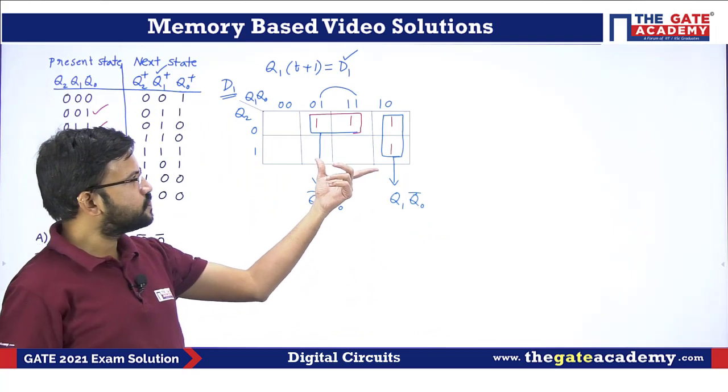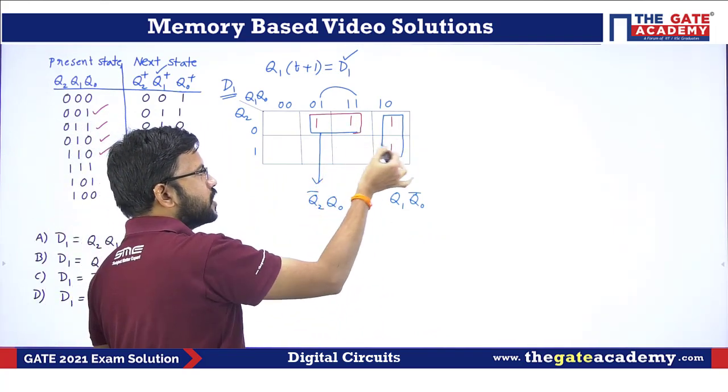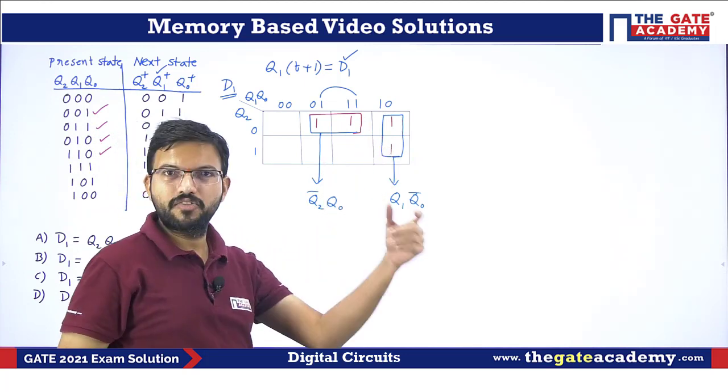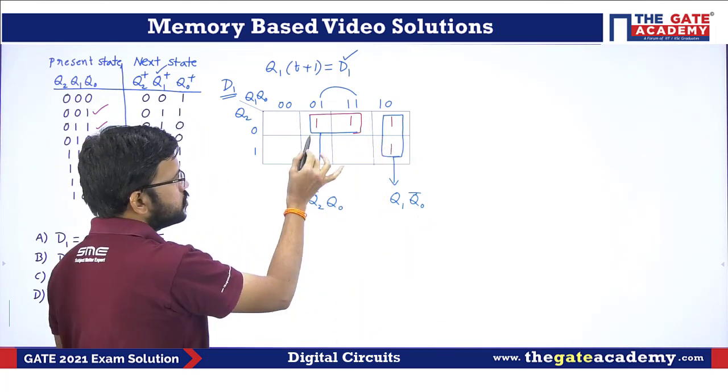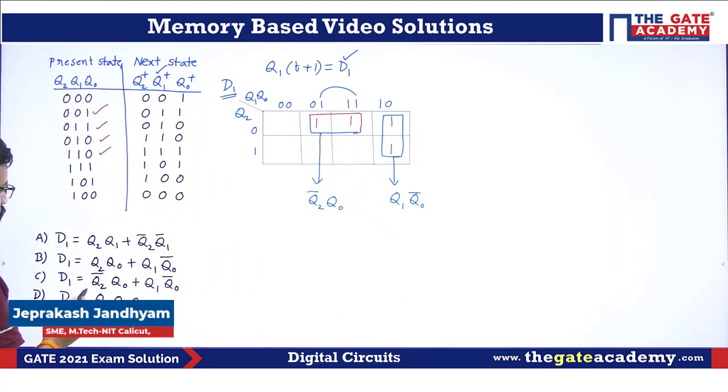If you want, you can group these two ones, but that is not required in the final answer, because these two are essential prime implicants. So the answer is Q2 bar Q0 plus Q1 Q0 bar. That means option C is the correct one.